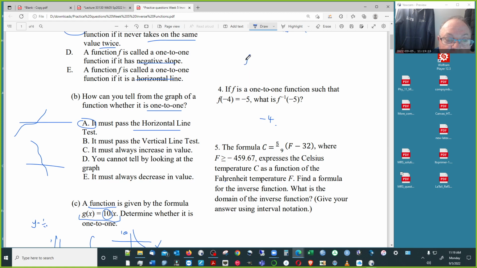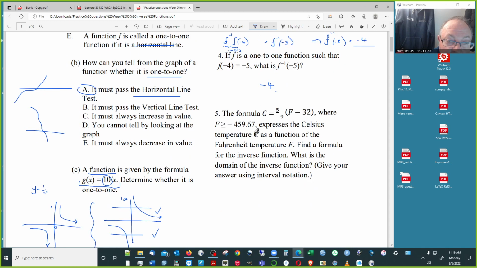So if I have f(-4) equals -5, when I undo, I'll put f to the -1 on both sides: f to the -1 of f(-4) equals f to the -1 of -5. This is undo, so you're left with f to the -1 of -5 is equal to -4. So that's your answer. So undo works there as well. That's a bit of a neat way to deal with that, I think.